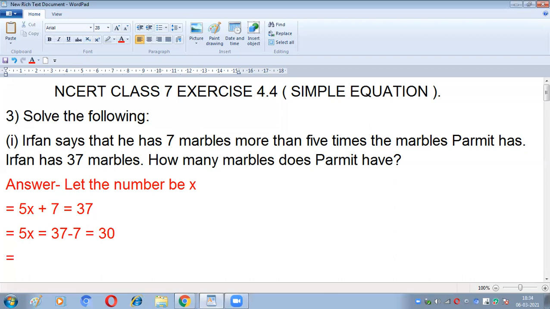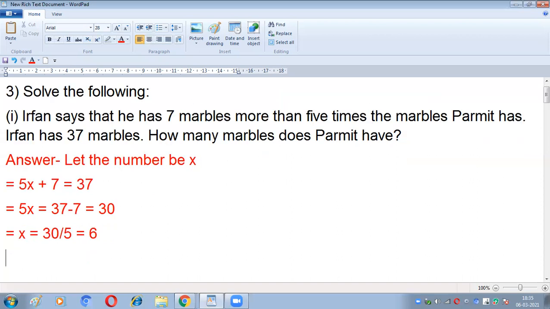Then we'll write x is equal to 30, and the remaining one on the left hand side is 5. When this 5 moves to the right hand side, it will have the sign of divide by 5. So this 30 and this 5 can be cancelled out 6 times. 6 multiplied by 5 is equal to 30.